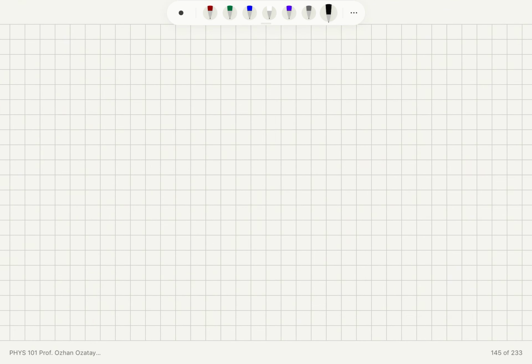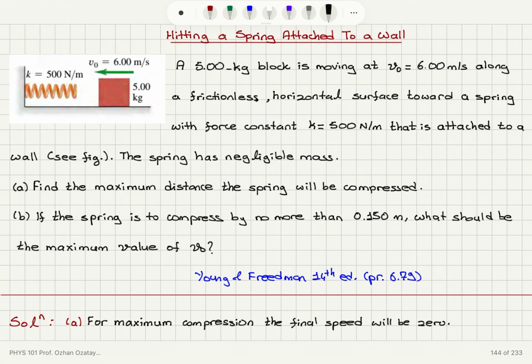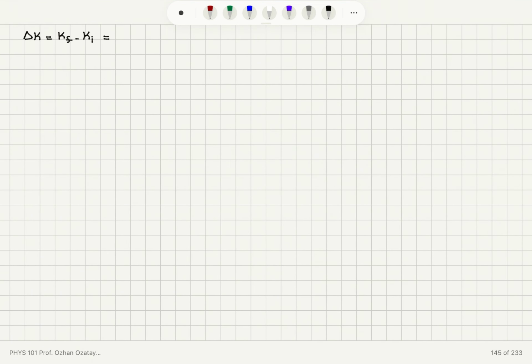All right. Now, we have no friction in the system, therefore we will talk about conservation of mechanical energy. So let's see how much is the change in the kinetic energy, delta K. So that is final kinetic energy minus initial kinetic energy. And this is equal to, because we have a final speed that will be 0 when it is compressed all the way, final kinetic energy will be 0, but we have an initial kinetic energy 1/2 m v0 square.